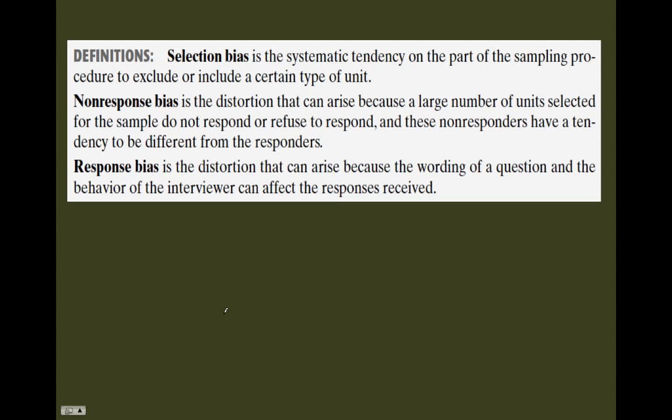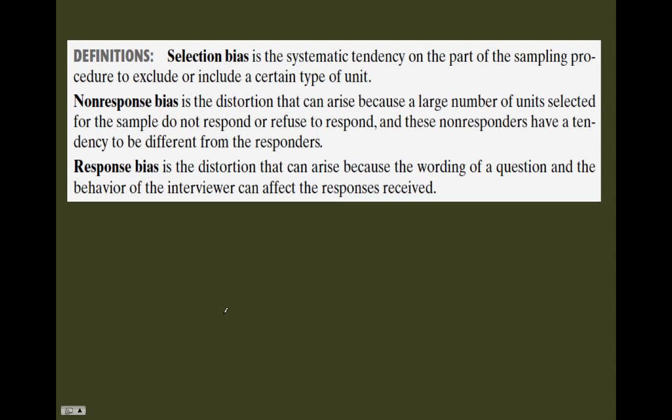But the other thing to keep in mind is that the people that tend to voice an opinion on a particular subject are often people who have a strong feeling about it one way or another, and therefore they're more motivated to participate. And so volunteer samples very often result in non-response bias.